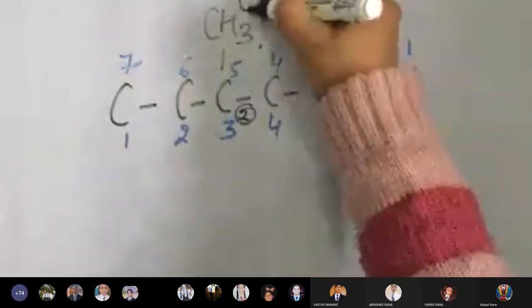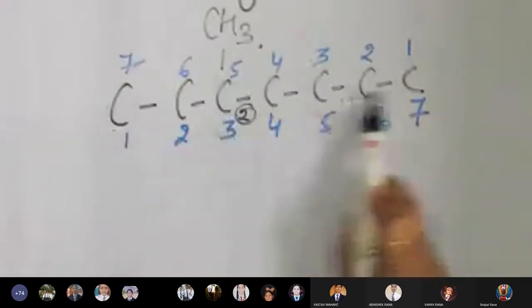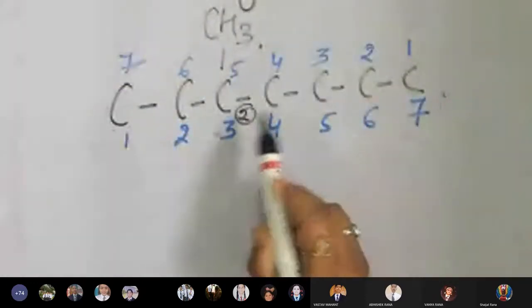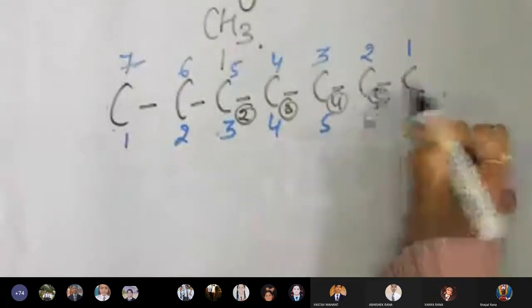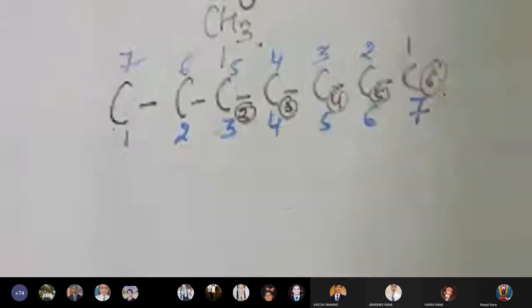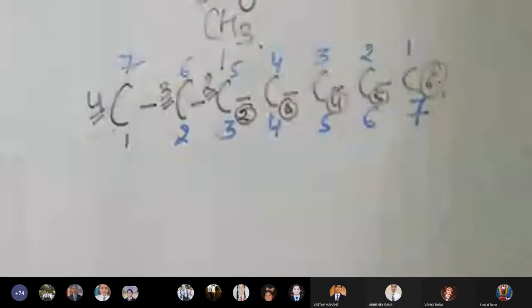I'm circling these which are of the same kind of numbering. From here I can move to this side, so 2, this will be 3, 4, 5 and 6. Also this is 1, 2, 3 and 4.